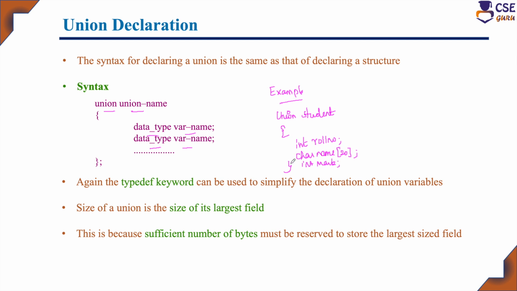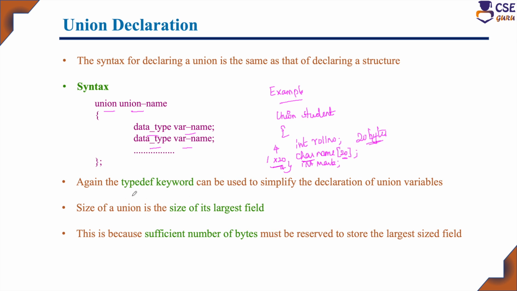Here is how the memory will be allocated. The character needs 1 byte into 20 sequential memory locations because it is an array. So 1 into 20, totally 20 bytes, integer 4 bytes, here also integer 4 bytes. So it will allocate 20 bytes of memory so that it can hold any data.